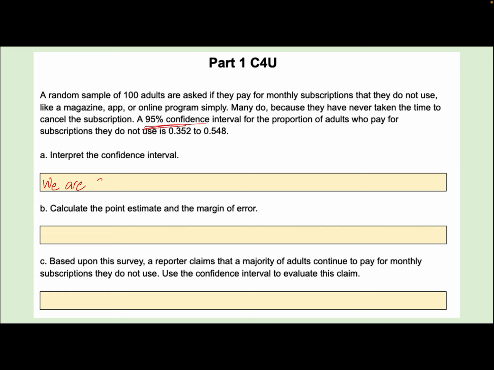So I can say we are 95% confident that the interval between 0.352 and 0.548 captures the true proportion of adults who pay for unused subscriptions.